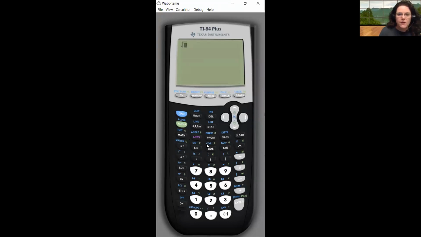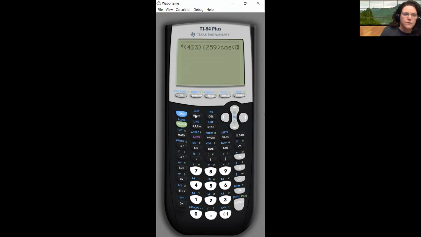So there's my radical, and I'm going to type all of that in at once. 423 squared plus 259 squared, because your calculator knows how to do order of operations. Now, depending on which piece we're looking for, sometimes it can't do everything. But in this case, if you have it all written with the something squared on the other side of the equal sign, your calculator will do it, no problem.